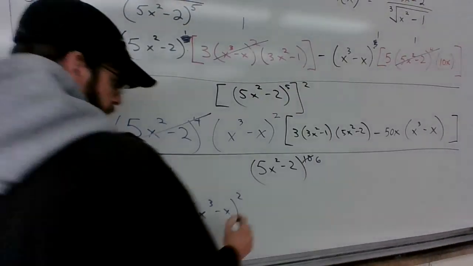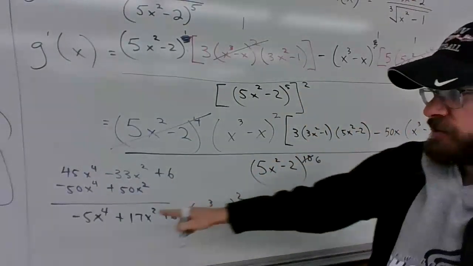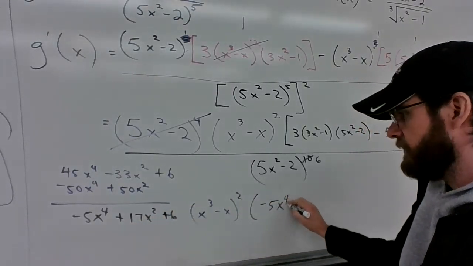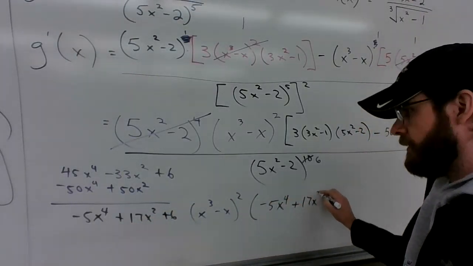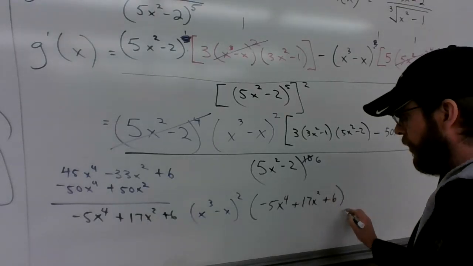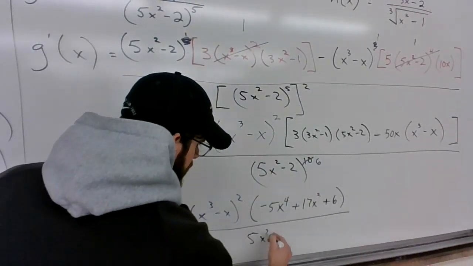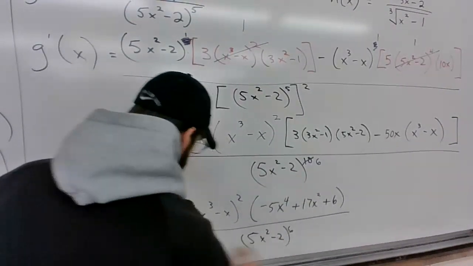That's going to go right here. And I don't need brackets because there's no grouping symbols here anymore. So I'll just put it in parentheses. All of that is going to be divided by, can you guys see that? 5x squared minus 2 to the 6th power.